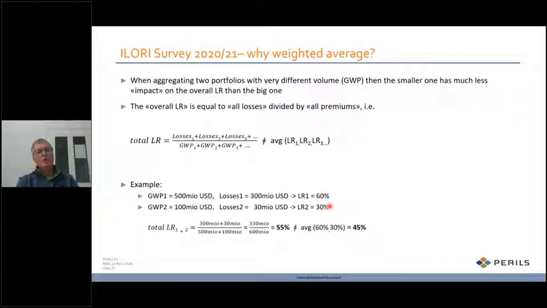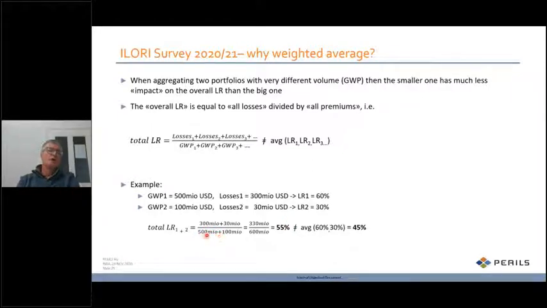Now, when you calculate the simple average of those, 60 plus 30, 90, divided by 2 companies, you get 45. Loss ratio 45. But obviously, the impact of the bigger portfolio is much more important.